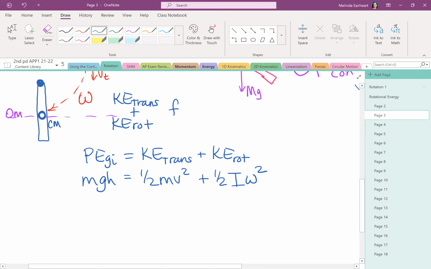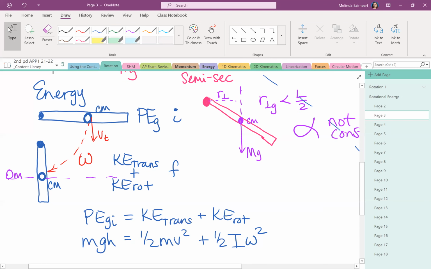Everybody good? Okay. And it's not really like a non-slip like the ball on the ramp, but we'll assume that there's no friction in the hinge, because if there was, then it would probably not be consistent. So we'll say it's a frictionless hinge. I'll add that to our picture. So frictionless hinge.